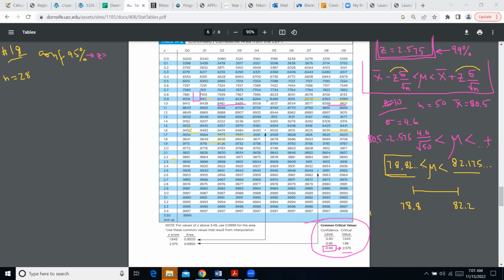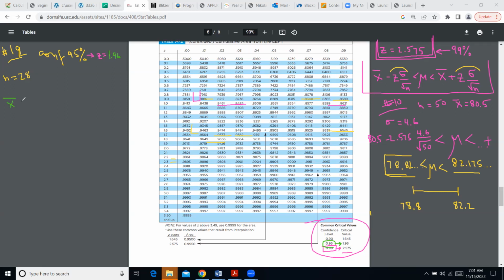So for 95% level of confidence, the z-score is 1.96, right? So you can just use this summary instead of looking for the z-score every time.